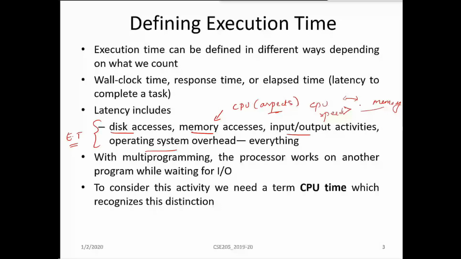So what they say, and also, when you go with multi-programming, the processor works on another program while waiting for IO. What is this statement? Okay, with multi-programming, assume we have P1 and we have P2. What do you mean by multi-programming?